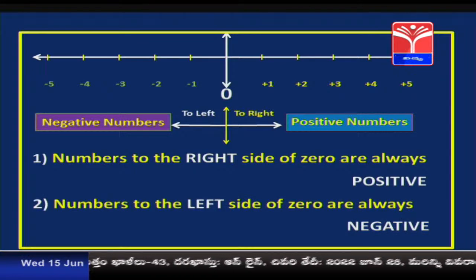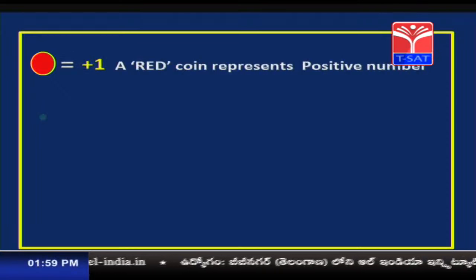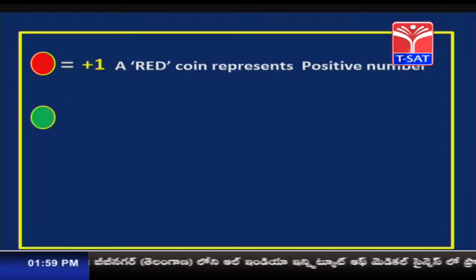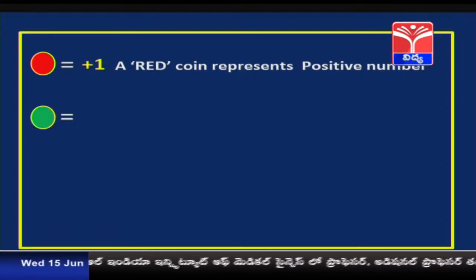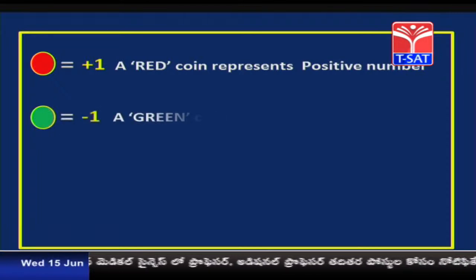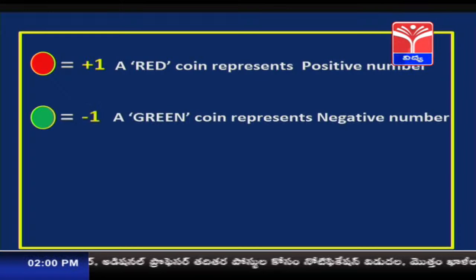are always positive. So, children, let us consider a red coin which is equal to +1, that is nothing but a positive number, and a green coin which we denote as -1, that means it represents a negative number.